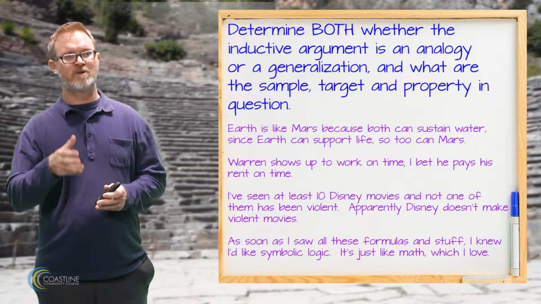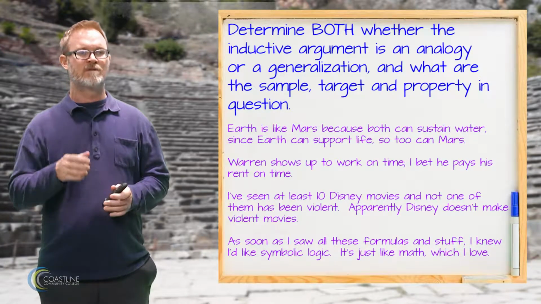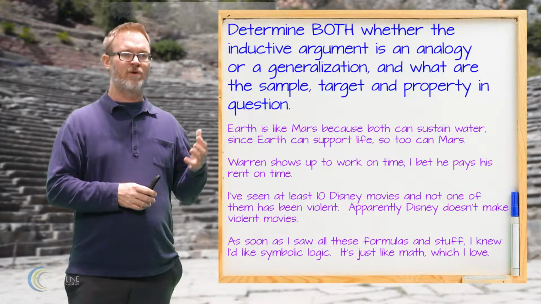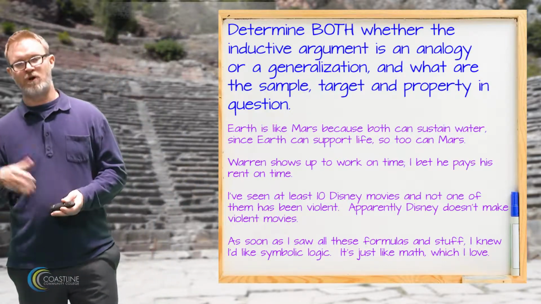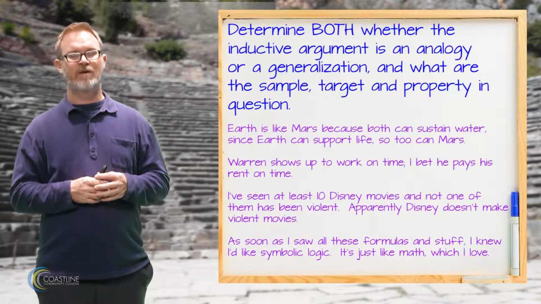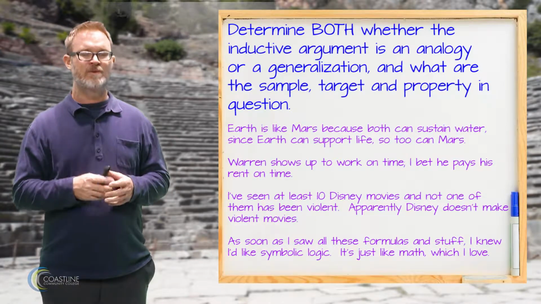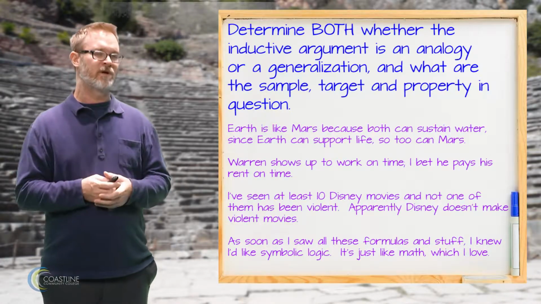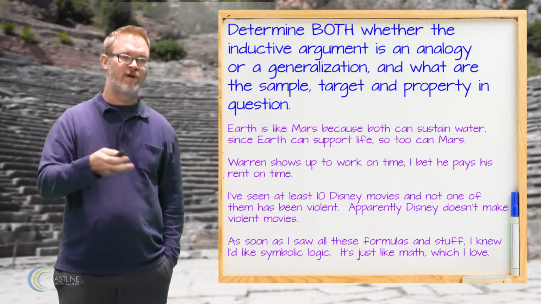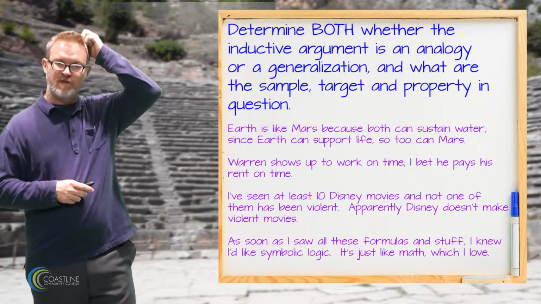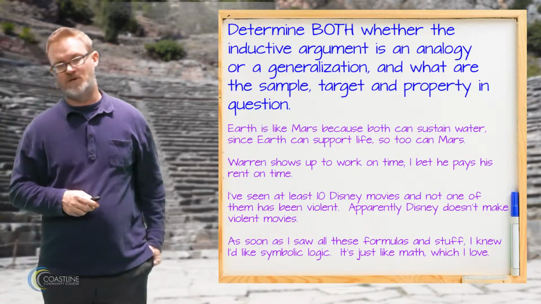So I think the sample here is Earth and the target is Mars. If you remember about arguments by analogy, they will always have a single item as a target, and here we have a single item, which is Mars, as the target of our argument. And so this is an argument by analogy.